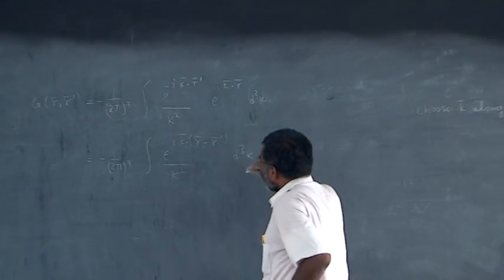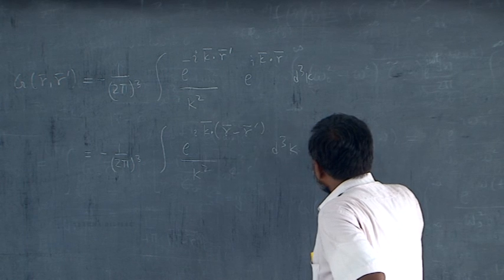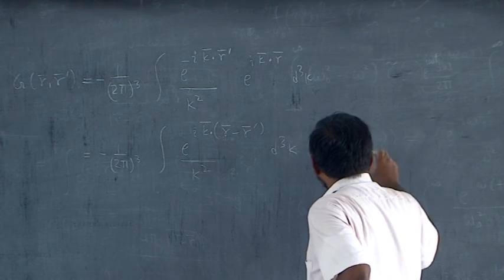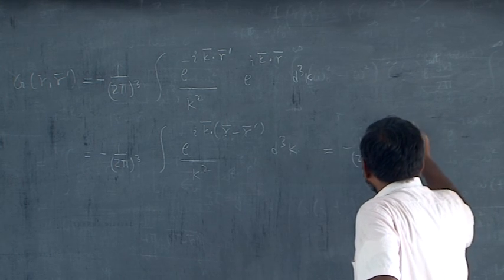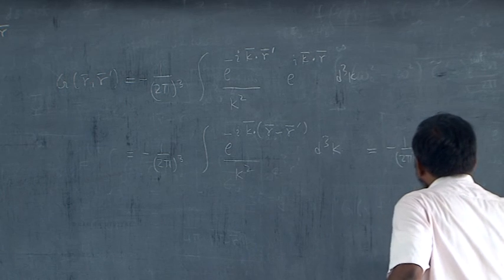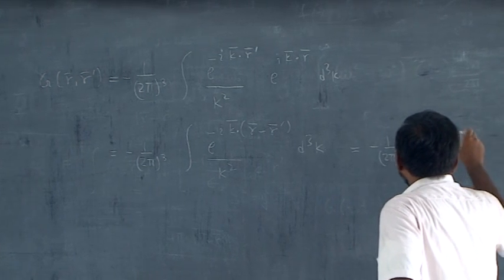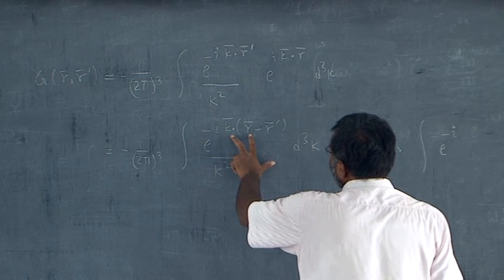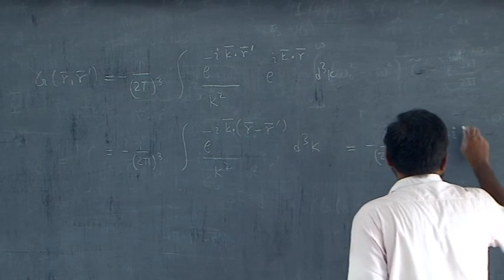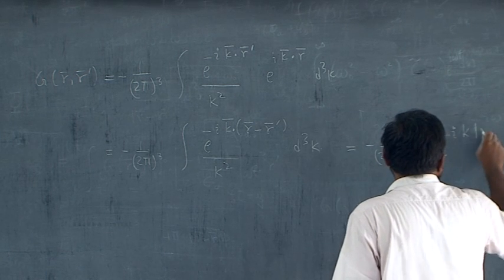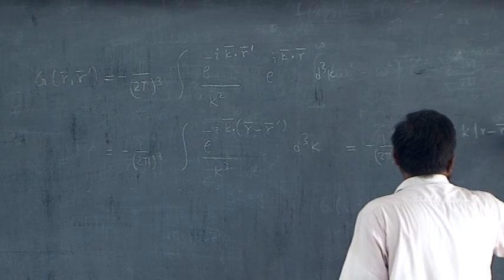Then this becomes minus 1 over 2 pi the whole cube into integral e to the minus i, so this dot product will be the cos theta. So e to the power i modulus k into modulus of r minus r prime into cos theta.